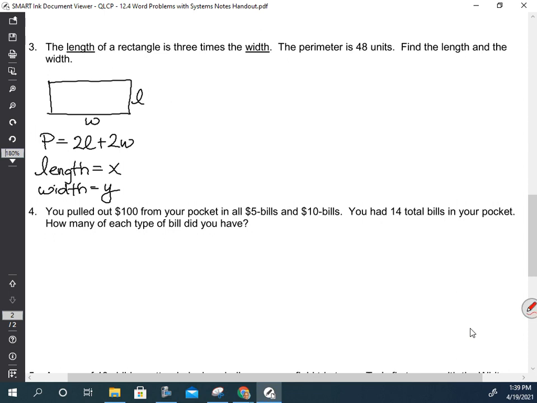So let's start setting it up. The length of a rectangle is 3 times the width. So length is x equals 3 times the width. So the first equation literally set itself up.